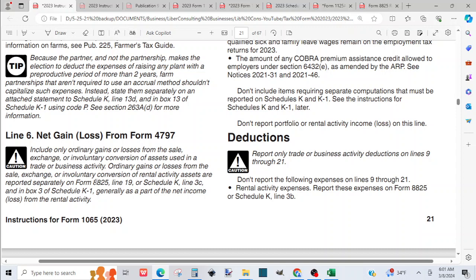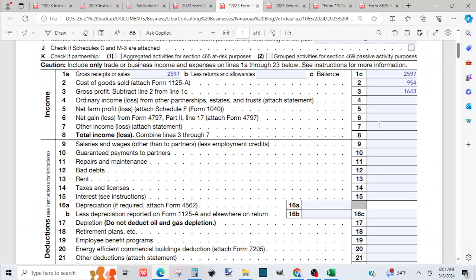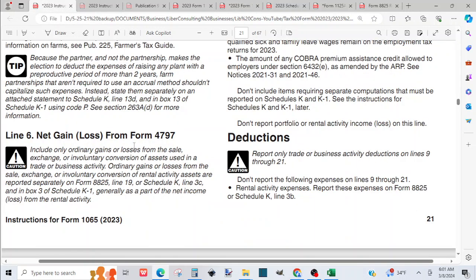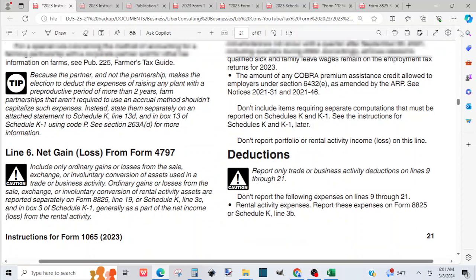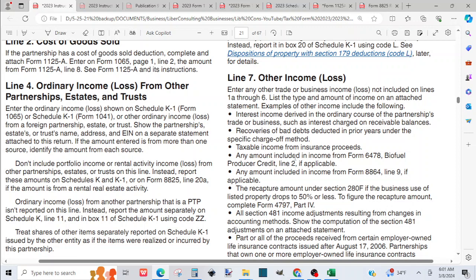So the one that is related to real estate will go on Schedule K, and they have a spot for it there. Okay. So now we are going to leave it blank because it's not applicable to us. Other income is not applicable to us, but if you read it, you'll know what other income entails, and they will be able to explain it in detail there.